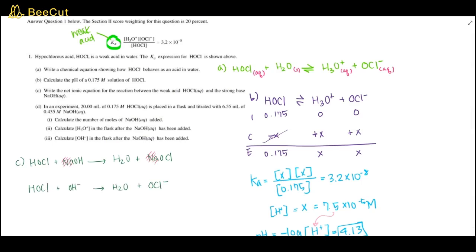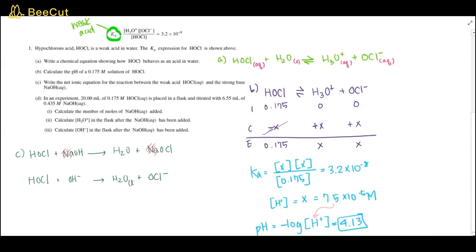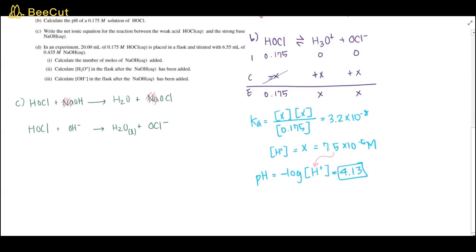Now remember, H2O in a neutralization reaction is a new product because this is the start of the reaction. We know that we have to create water in a neutralization reaction because that is the whole purpose of a neutralization reaction, right? So everything else now, because they all partook in the chemical reaction, they're all going to be in aqueous. Okay, so this right here would be my net ionic equation.